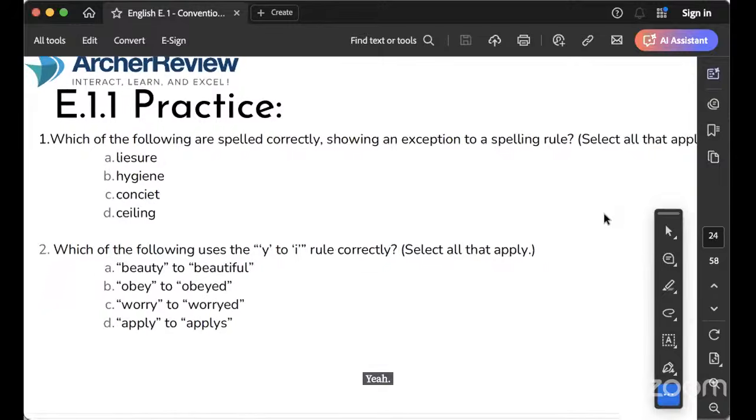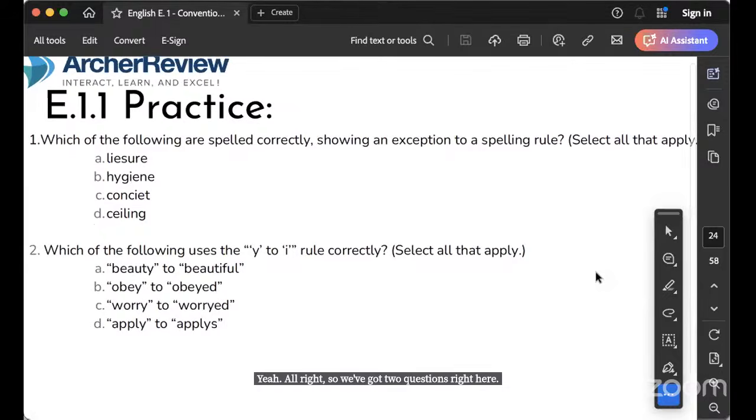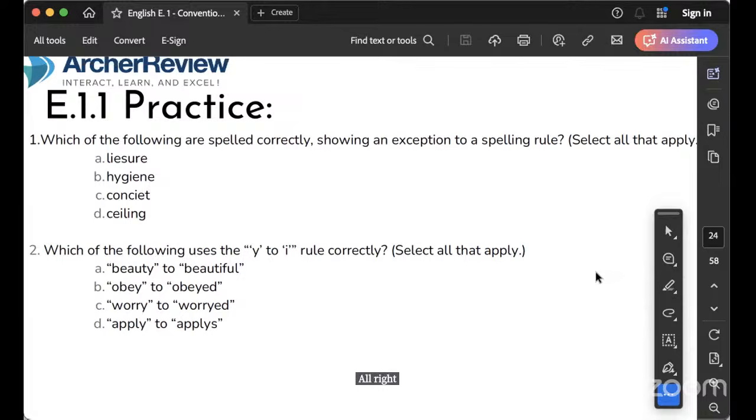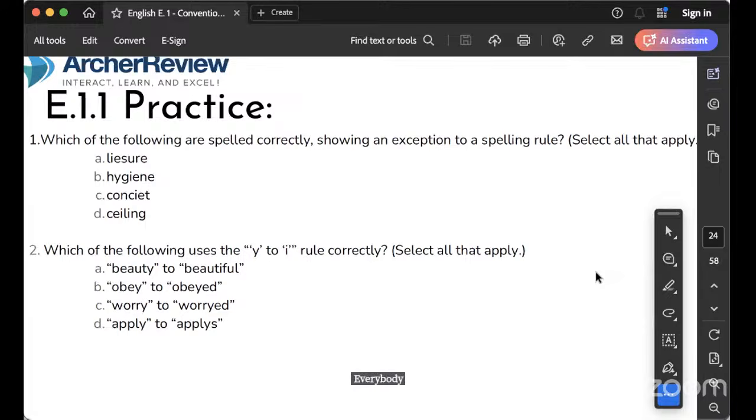We've got 2 questions right here. I'm going to put 2 minutes on the timer. I want you to read through these very carefully and think about what they're asking you before you make your answer selection. Both of these are select all that apply, so take that into consideration. Everybody ready? 2 minutes on the timer starting now.